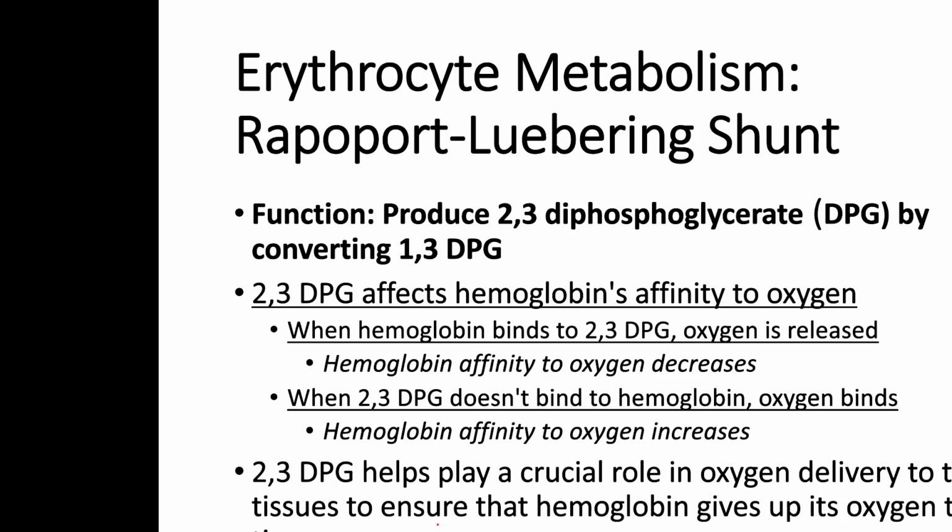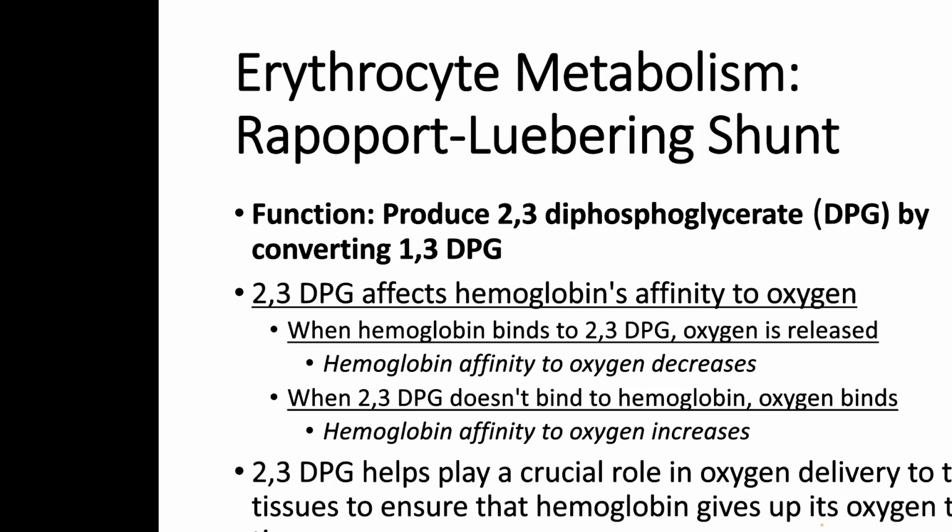Rapoport-Luebering shunt. Its job is to produce 2,3-DPG by converting 1,3-DPG. Well, what do we need this for? Let's say that we take a hemoglobin here. Normally it has a space for oxygen to want to bind and go into. 2,3-DPG, however, gets in between the spaces in the hemoglobin, and it causes it to become tense, just like this.